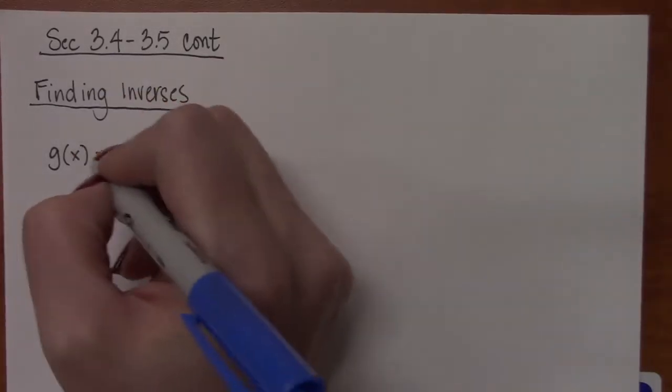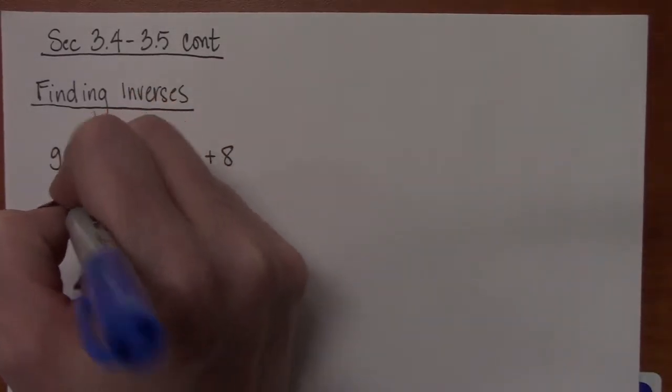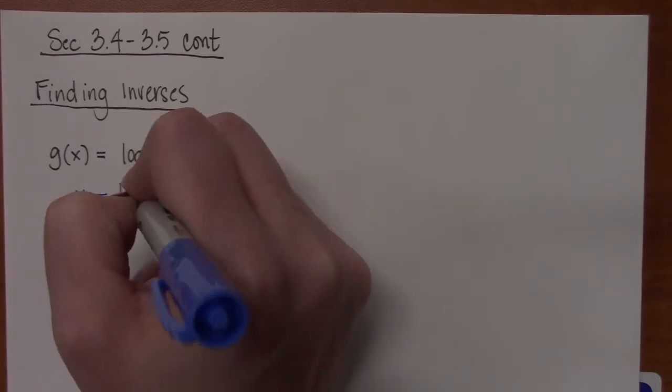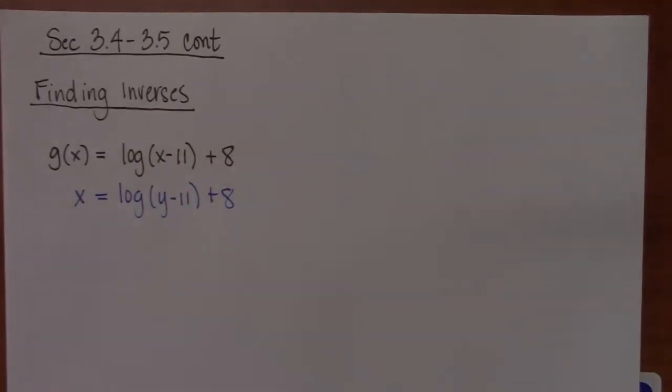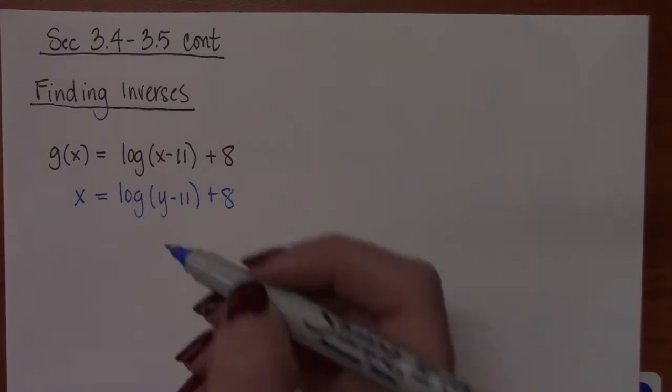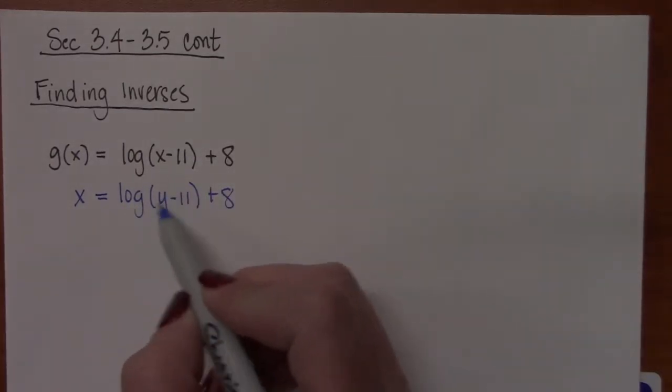So if this is y equals all of this stuff, now we'll say x equals log of y minus 11 plus 8. So if we solve the new equation for y, then that should give us the inverse of g of x. So the first thing I want to do is get this log by itself.